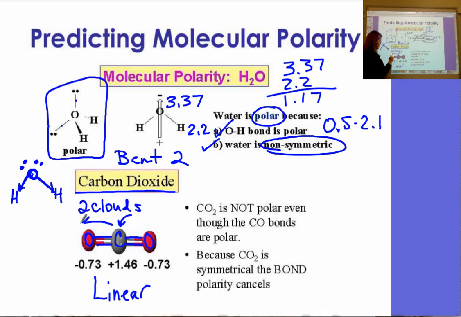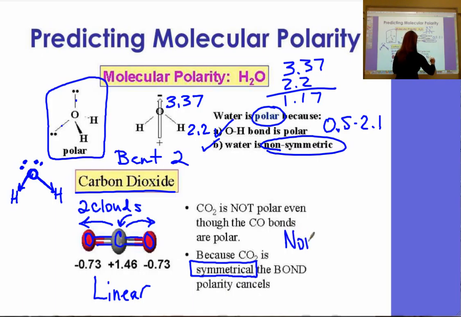It's being pulled to the left and it's being pulled to the right equally by oxygen. Therefore, this molecule has to be symmetrical. I don't even have to look at the numbers on the electronegativity chart because I know when it's symmetrical, it has to be non-polar.